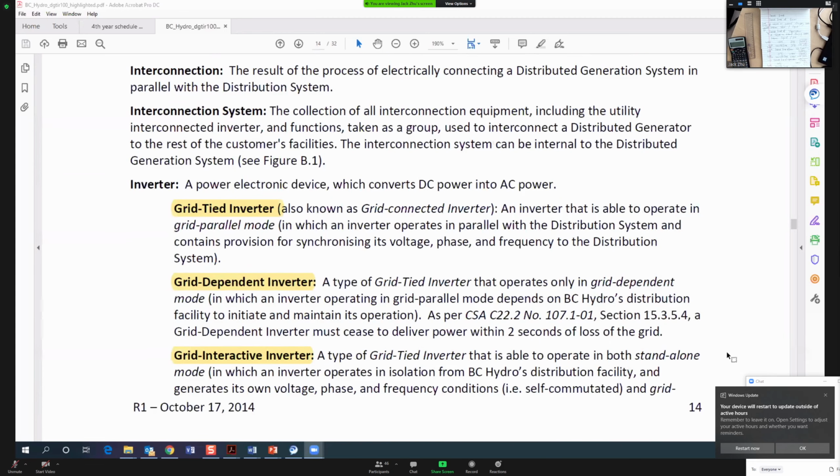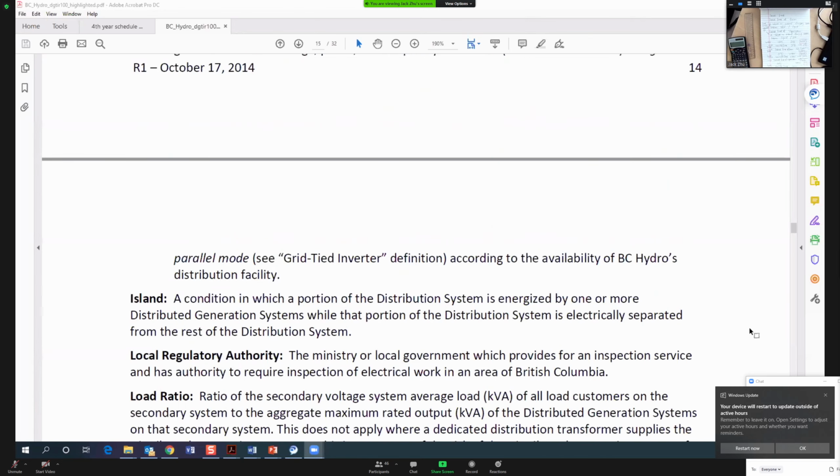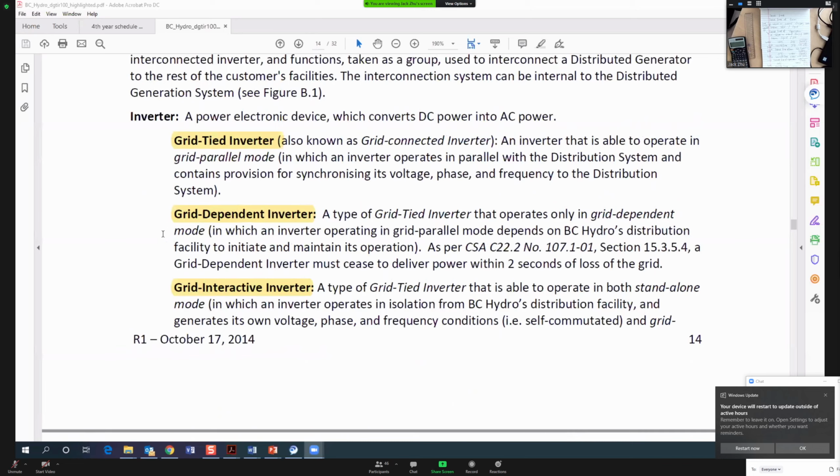Then the appendix, down here, they will tell you different types of inverter: grid-tied, grid-dependent, grid-interactive. Even though I highlighted them, I just try to mention the different types of inverter. You don't have to know each detail down here.